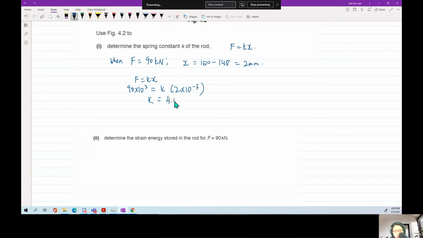So this will be 4.5 times 10 to the power of 7 newton per meter.